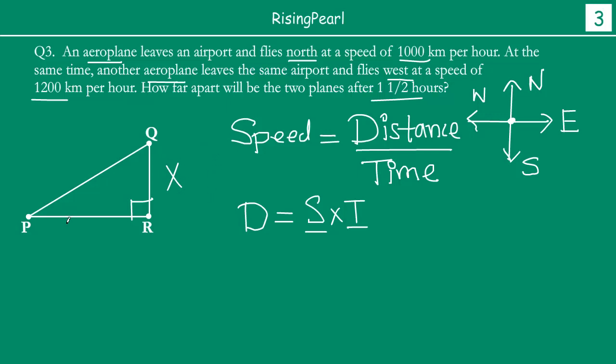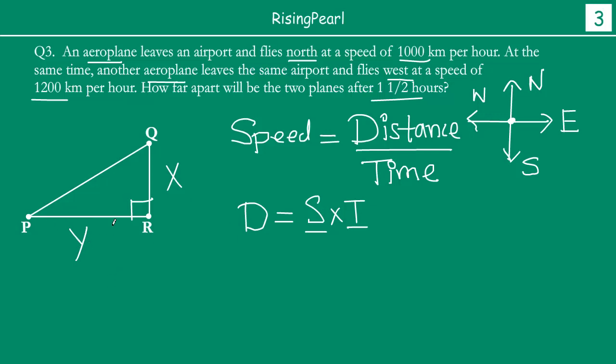Similarly, for the second aeroplane, speed is also given, 1200 km per hour, and it takes the same time to get to point P. So again, by substituting the value for speed and time, you can find out the distance traveled by the second aeroplane. Let us call this Y.